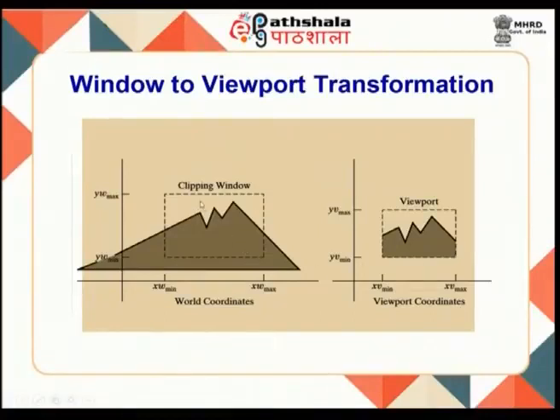We can also call that a clipping window, because we are clipping, focusing on only a smaller region of the world. The clipping window is generally assumed to be a standard rectangle. So what we want to see is the window, where we want to see is the viewport.